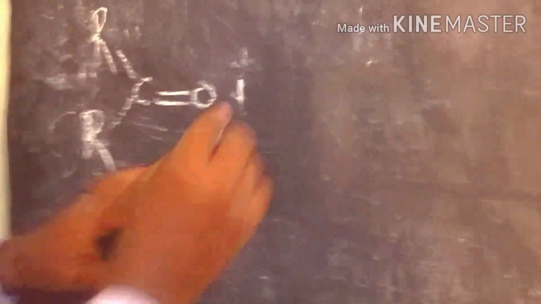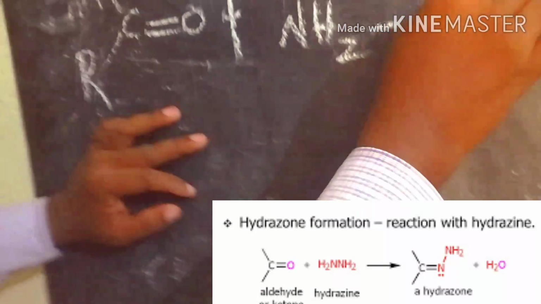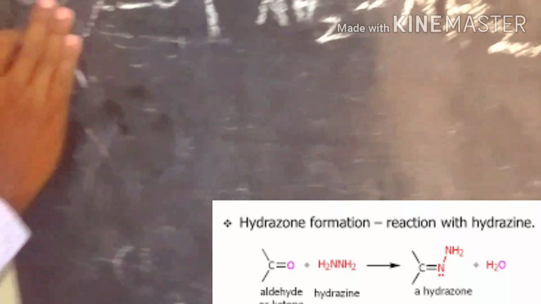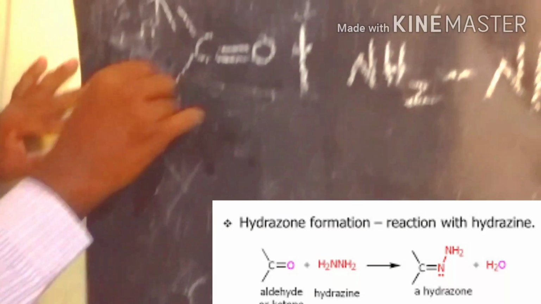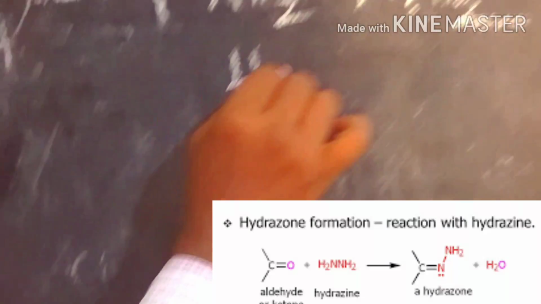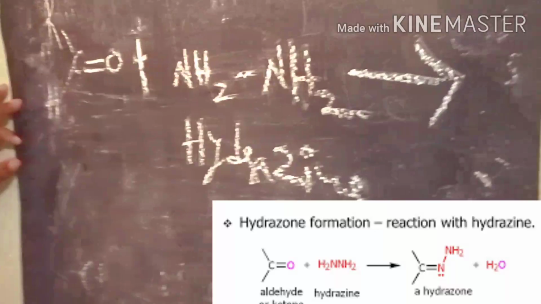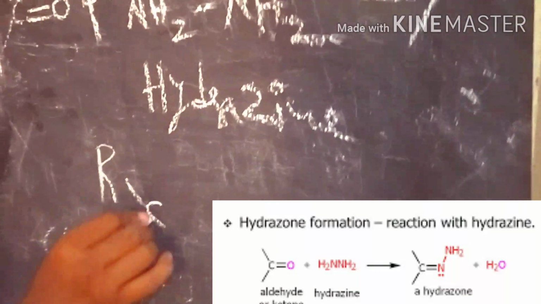Hydrazine reaction with an aldehyde. For example, if you take the general structure of an aldehyde, finally we are getting, so this is the hydrazine, the product hydrazone.